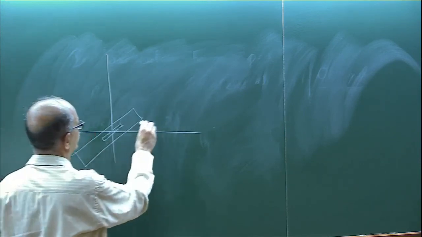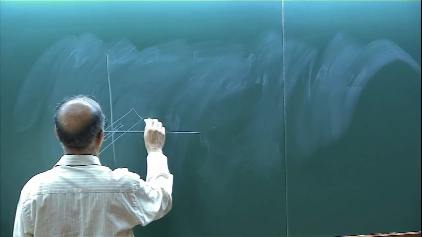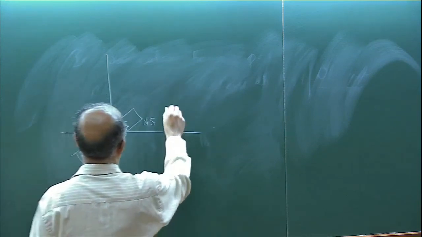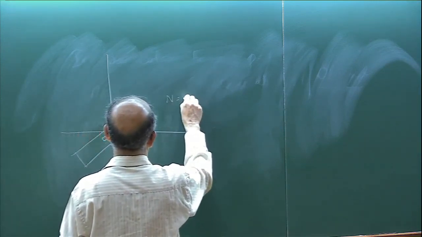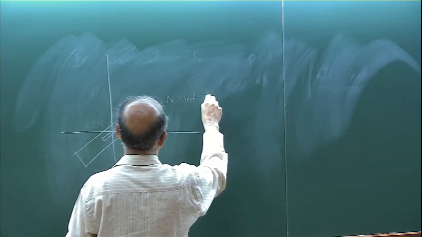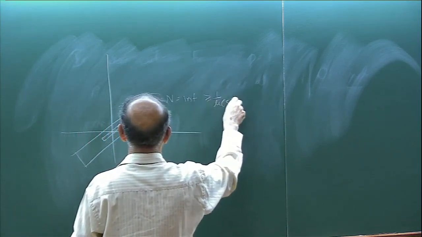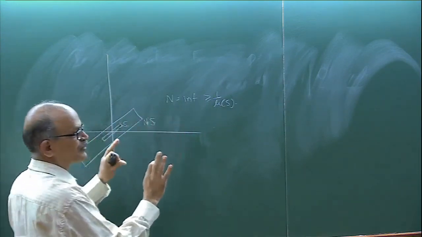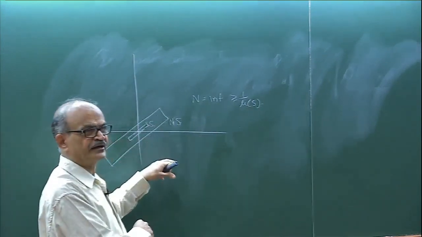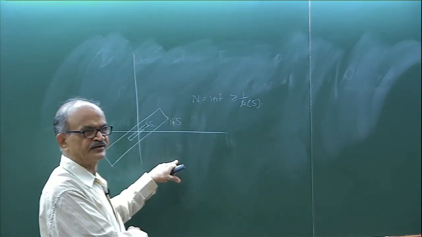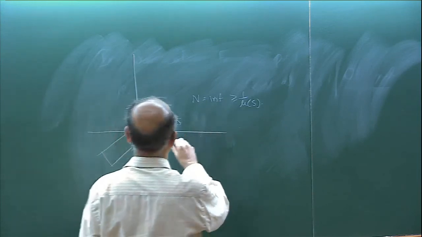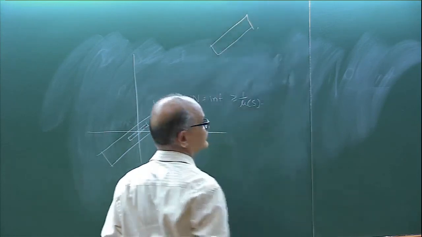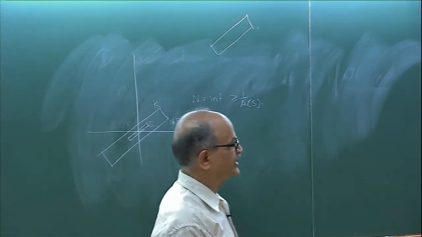This is S and n times S, where n is an integer bigger than or equal to 1 over mu S. Then this set, no matter whatever translate of it you take, necessarily contains an integer point. That is the result. So K plus this is going to be my K, and no matter where you translate this, it contains an integer point.